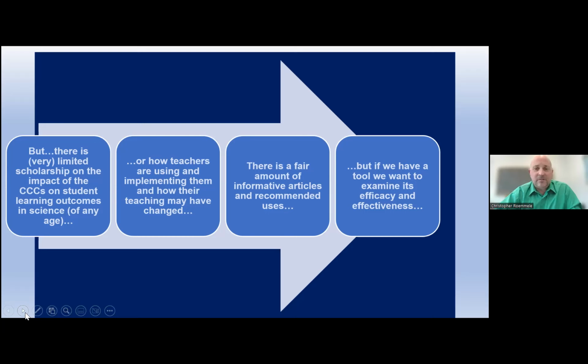There's a fair amount of informative articles and recommended uses of cross-cutting concepts, but if we have this new tool, we want to examine the tool's efficacy and effectiveness. How does it impact student learning outcomes and student success? How does teaching science change with the use of this tool?